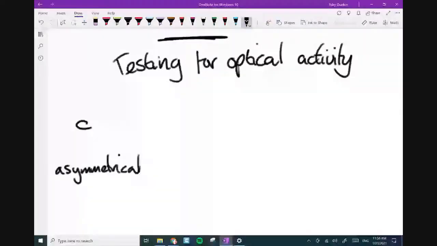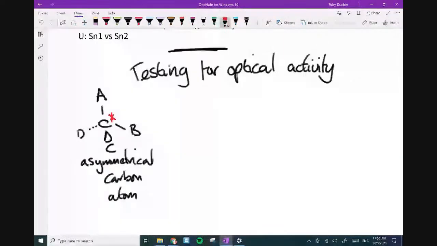Yes. Asymmetrical carbon atom, which means I need 4 different groups. So I'm going to go A, drawing it 3-dimensional, B, and D. We now know, thanks to last lesson, that this carbon is chiral or asymmetrical. It is going to be optically active.